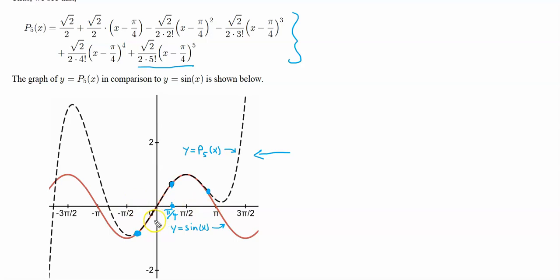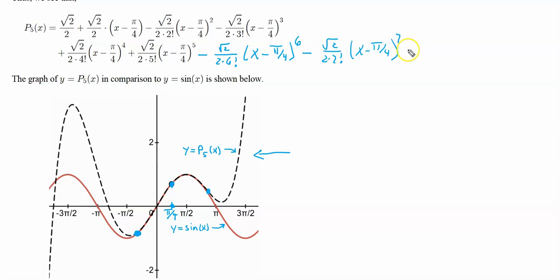Now if we wanted better accuracy, we could take out a few more terms here. And you can see the pattern. If we wanted to add more terms here, the next one would be minus root 2 over 2 times 6 factorial, x minus pi over 4 to the 6th, and then minus root 2 over 2 times 7 factorial times x minus pi over 4 to the 7th power, and then so on.